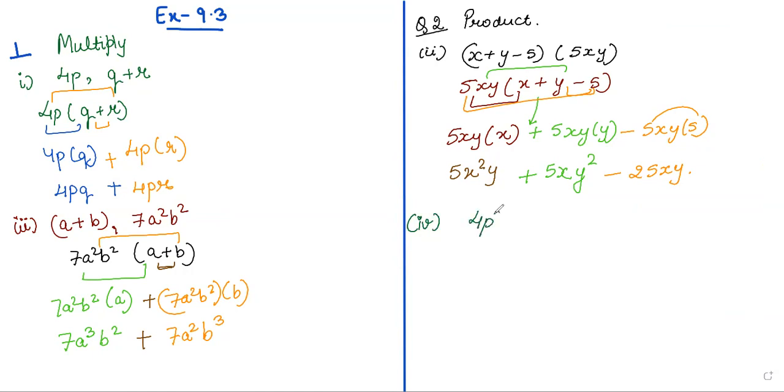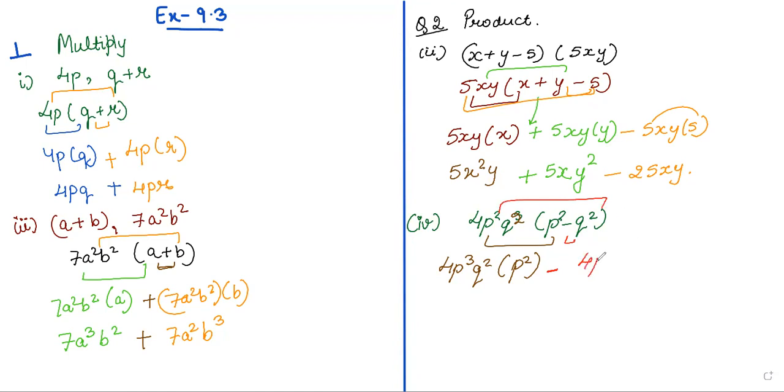Multiply 4p square q square by p square minus q square. So first multiply 4p square q square by p square. Put the sign of minus as it is.